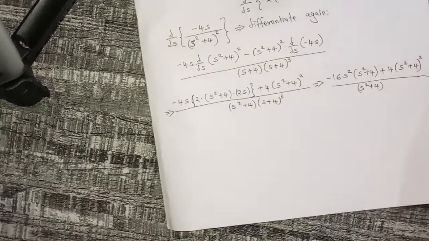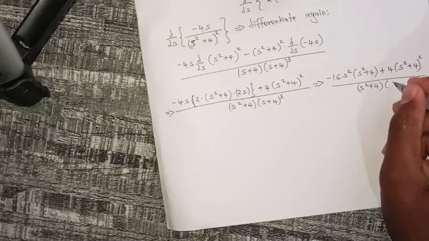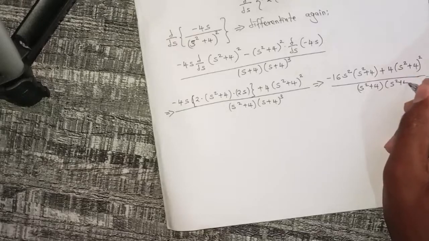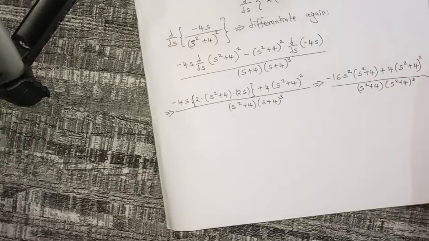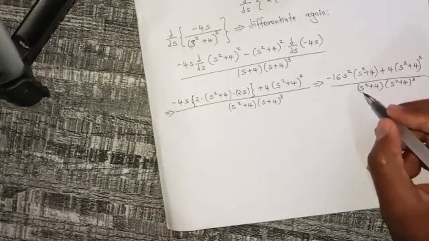And from this one, here we have s squared plus 4 cubed. Then you can simply simplify.